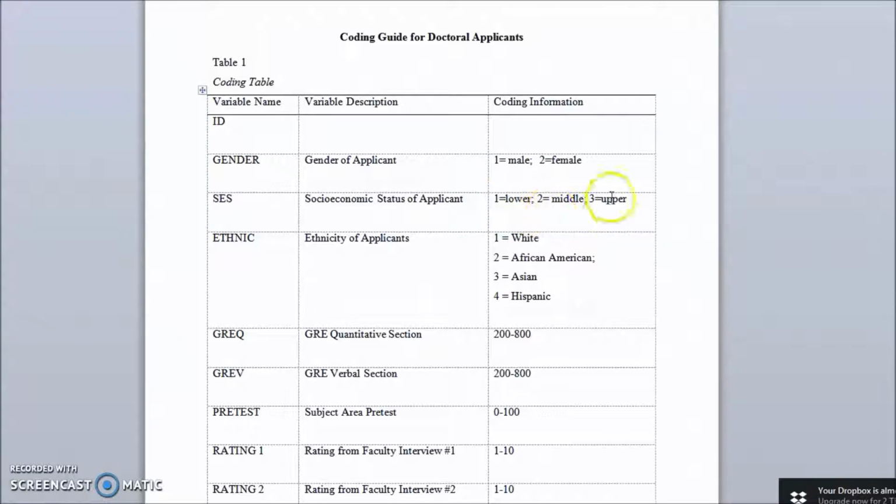I have given 3 nominal values: low SES, middle SES, and upper SES.